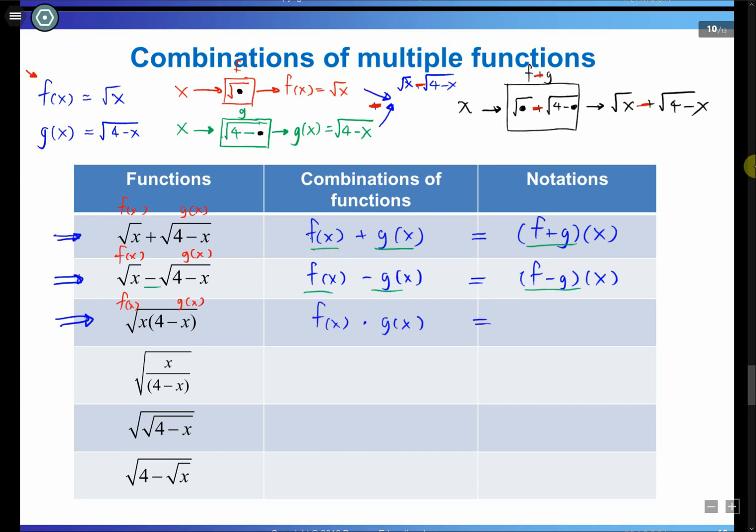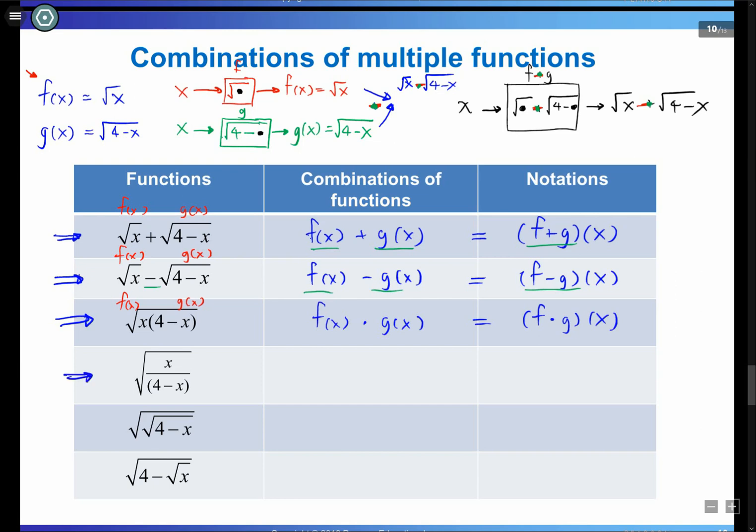And once again, you can combine them using the same notation, f dot g of x. It's like changing this to multiply, multiply, multiply. No surprise here.